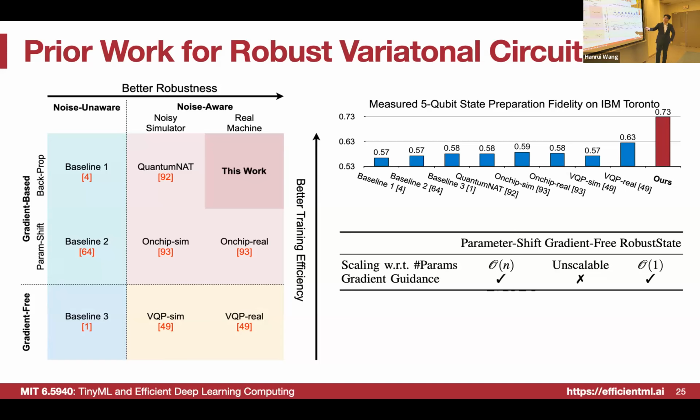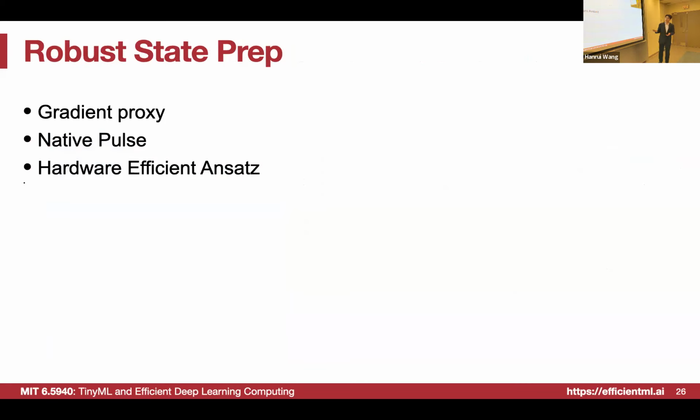So we try to achieve the best of both worlds. How can we have high noise awareness and also better training efficiency? We have several recipes to achieve this goal. The first is that we need to find a gradient proxy, because gradient evaluation is pretty costly.